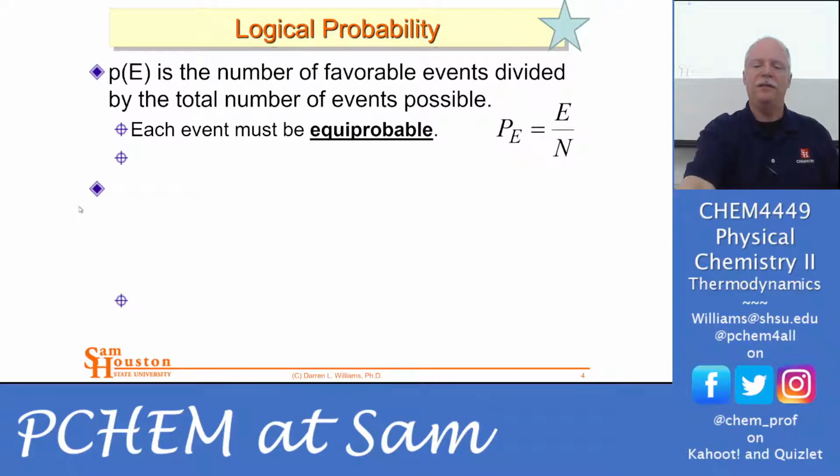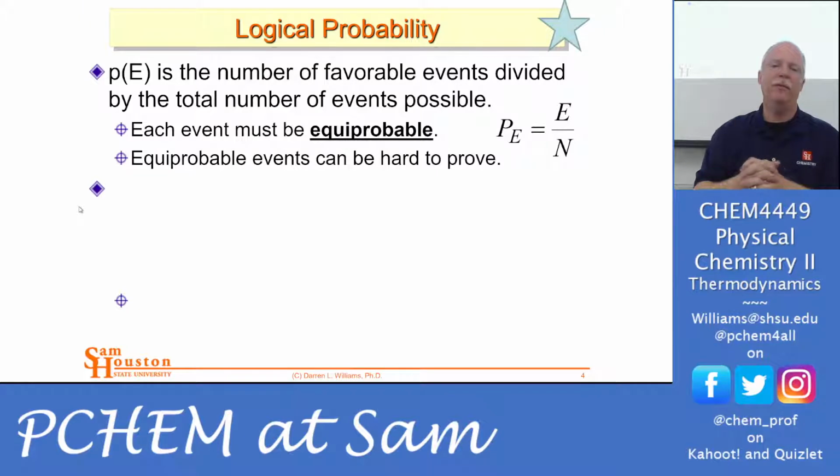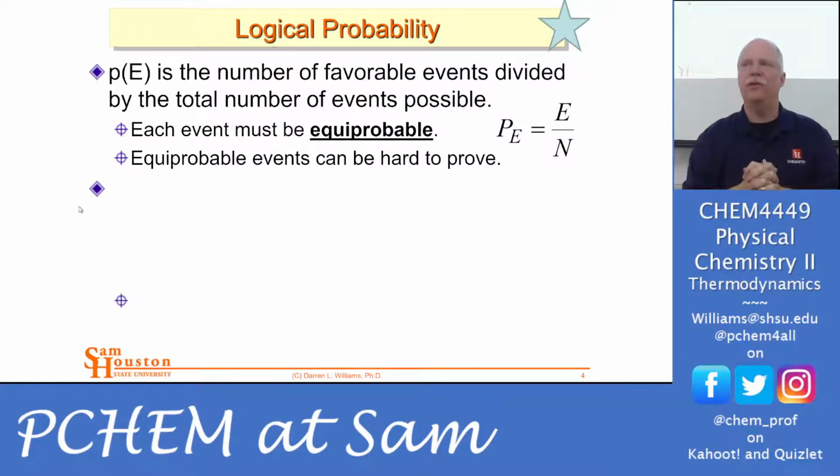Now, each event must be equiprobable. We'll run into this a little bit in our energy level diagrams, and we'll have some questions about that. So equiprobable events can be hard to prove. It's hard to prove that heads and tails are equiprobable. So a lot of times we have to do a random trial. We just have to flip 1,000 times and see if it matches a Gaussian distribution.